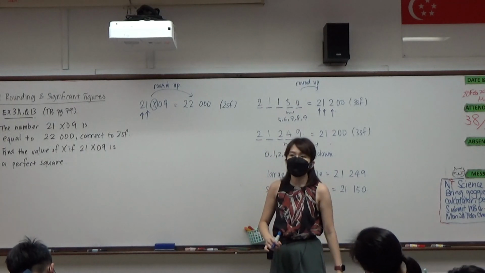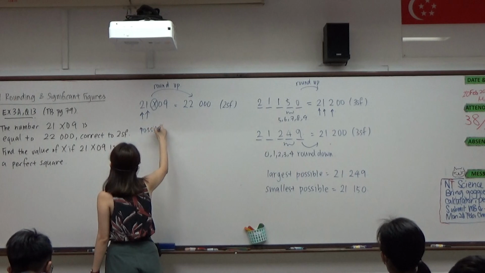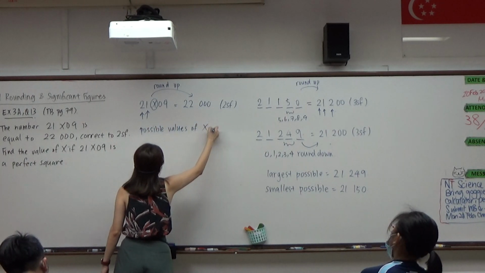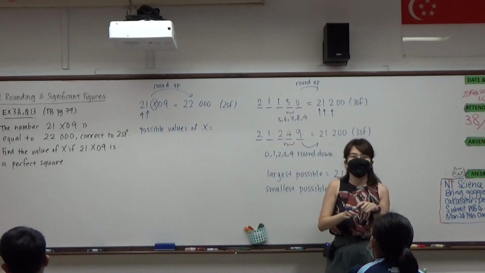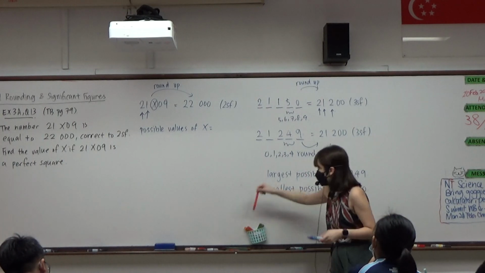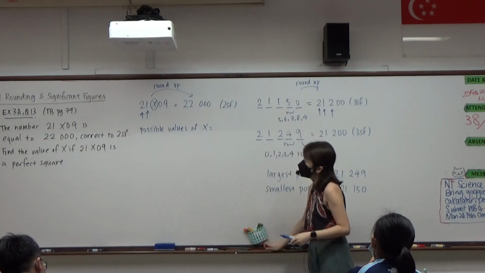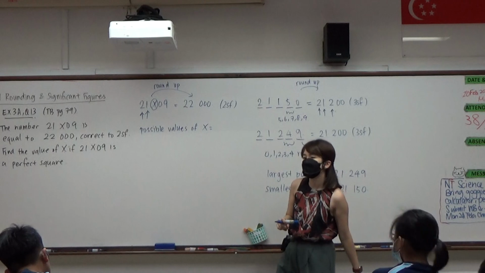Okay, that will mean that my possible values of x, okay, what are the possibilities for my value of x? Okay, Xavier, hang on. Maybe let me just choose someone. Calling Joel already. Elena. Okay, can you tell me what are the possibilities for x?